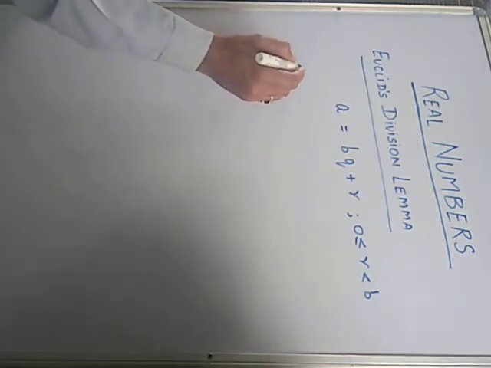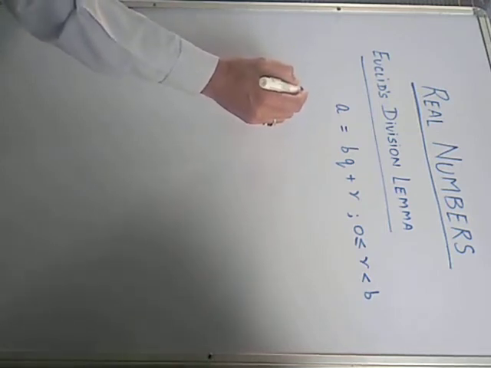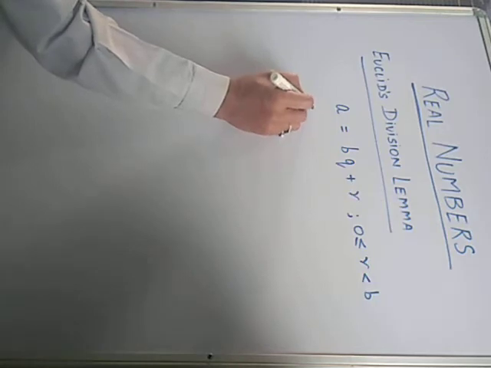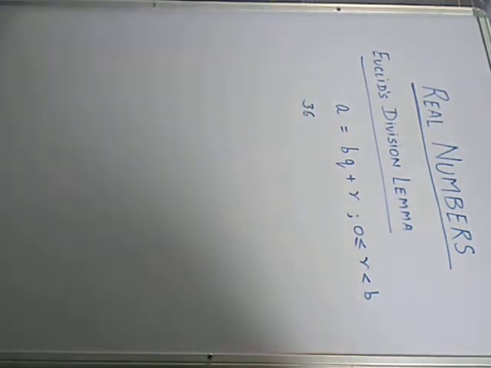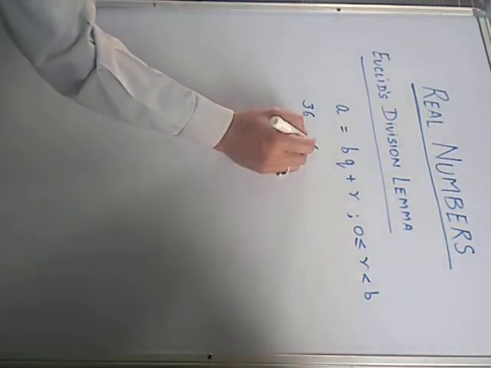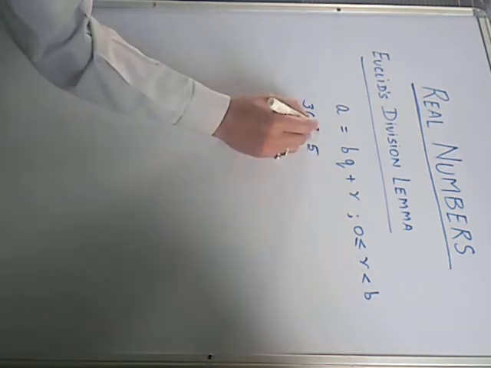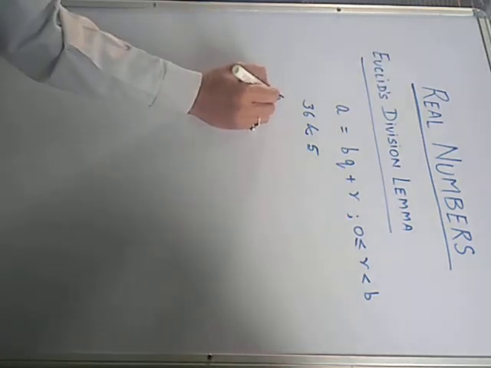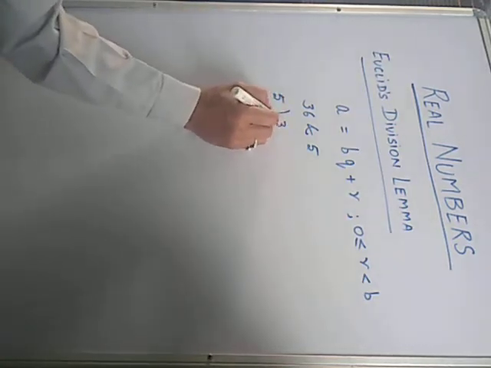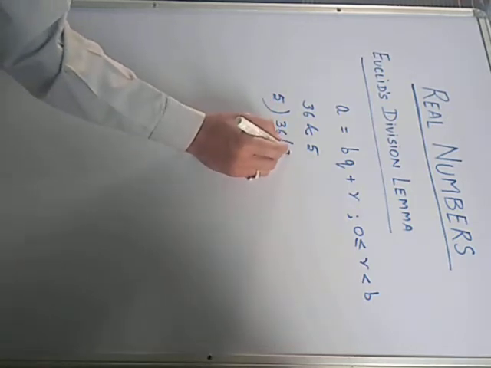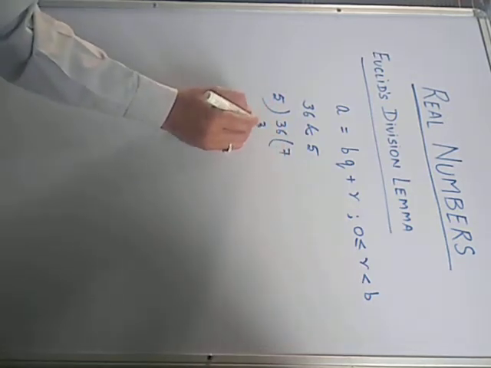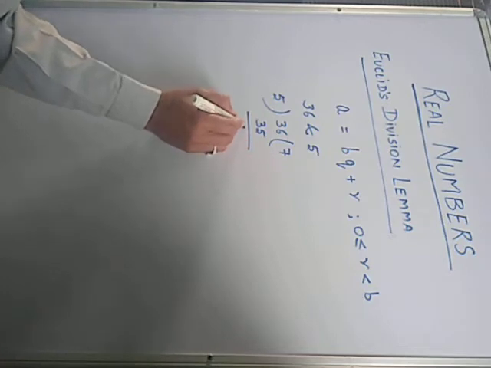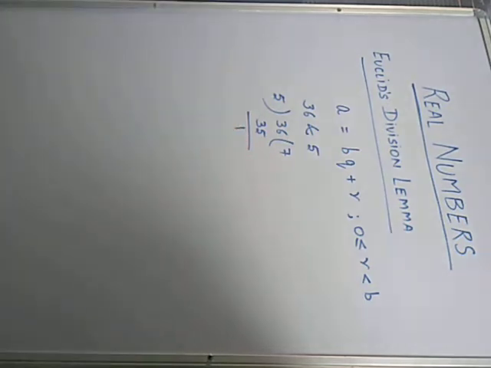Let us explain it by an example. Suppose 36 and 5 are two positive integers. If we divide 36 by 5, 5 sevens are 35, remainder is 1.